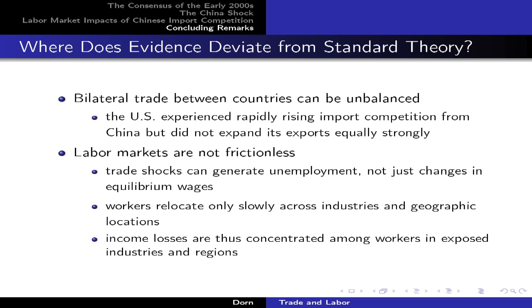Now, summing up these findings, let me first start by pointing out where these novel empirical findings from the empirical analysis of trade differ from standard trade theory that perhaps has long guided our analysis of the labor market impacts of trade.